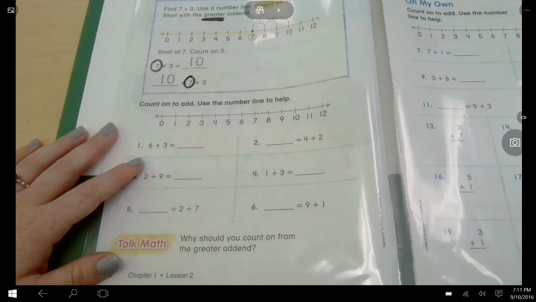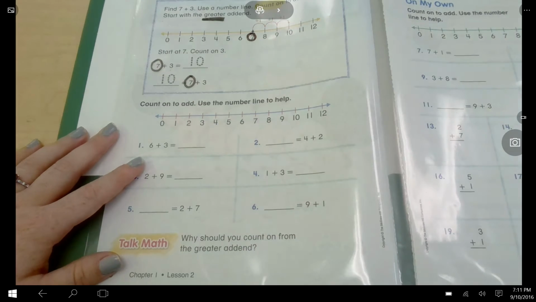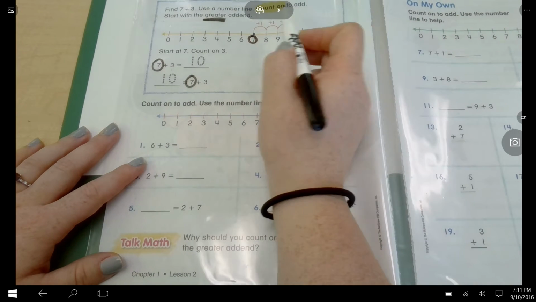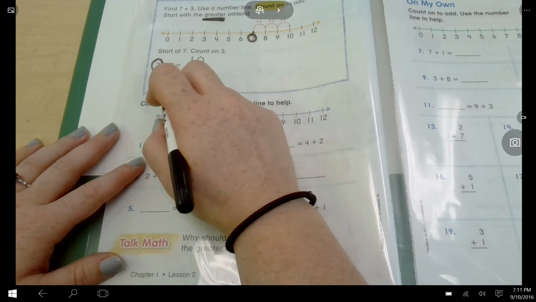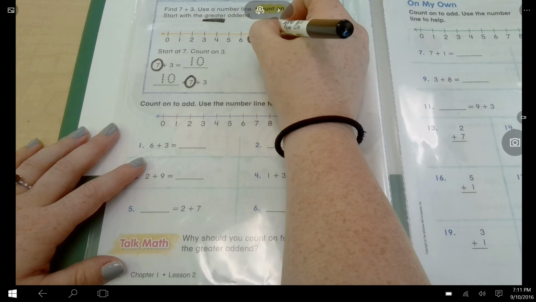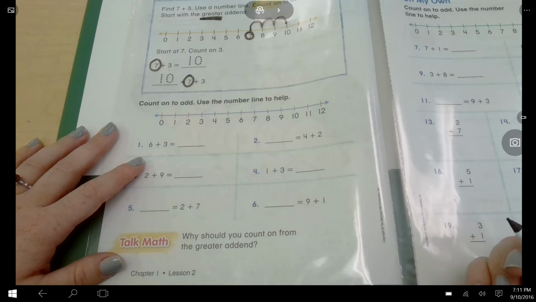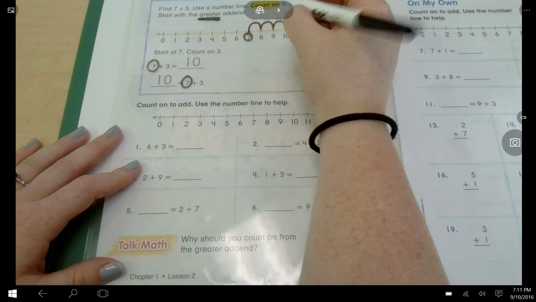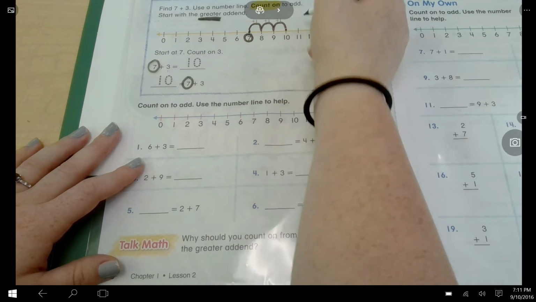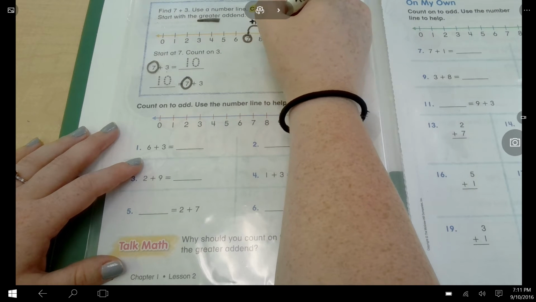Then go up to your number line and circle that number on the number line. Then it says count on to add. So we're going to count on 3. We're going to start at the 7 and count on 1, 2, 3. The number we ended on is 10. We did plus 1, plus 1, plus 1.